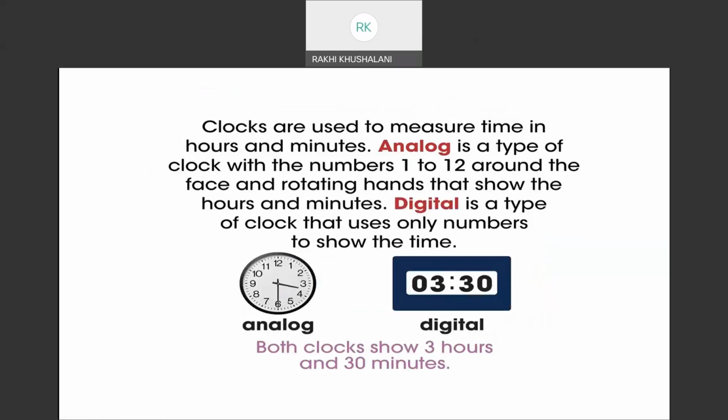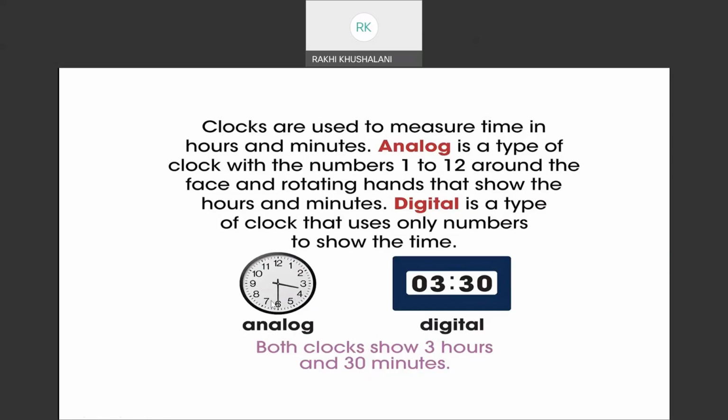Analog is a type of clock with numbers 1 to 12 around the face and rotating hands that show the hours and minutes. This is my analog clock. What is there in the analog clock? There are numbers from 1 to 12, and you have an hour hand and a minute hand, which moves like this, right?